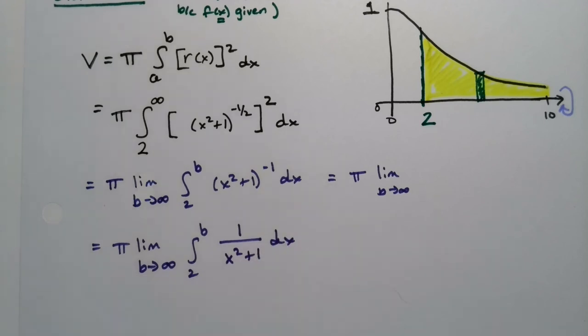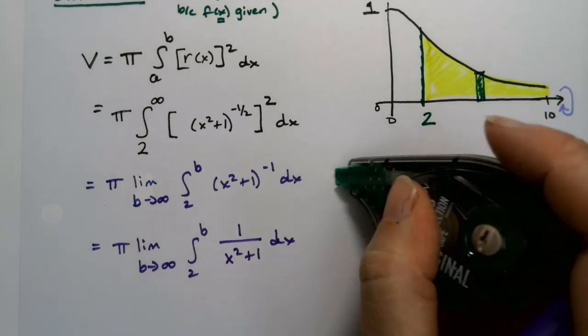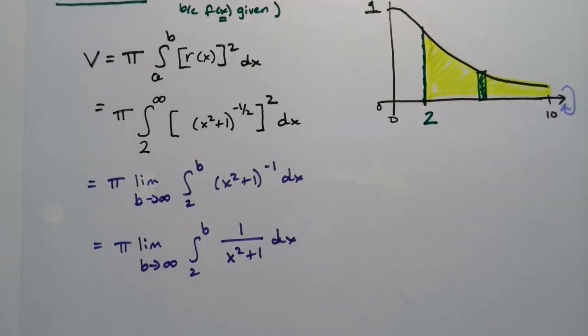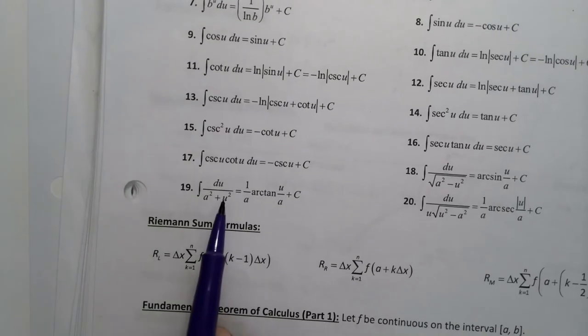And at this point, hopefully, little bells are going off in your head. You should know what that is. It's on your integral table, but you've gotten pretty used to using that one because we use it so often in Calc 2. It's arctangent, right here.